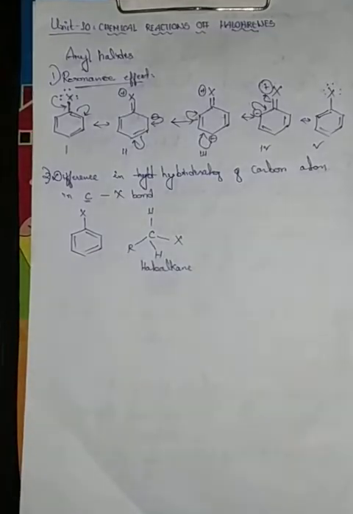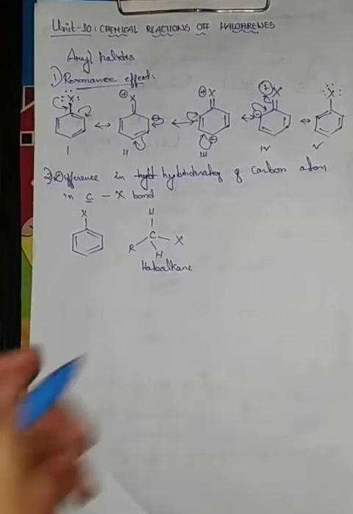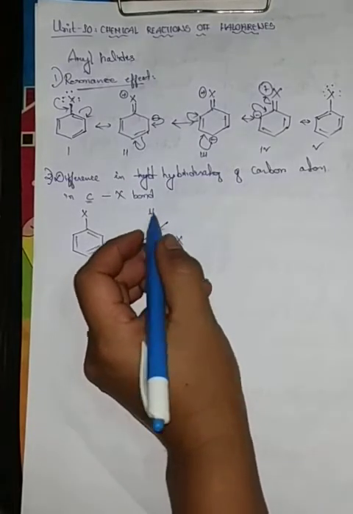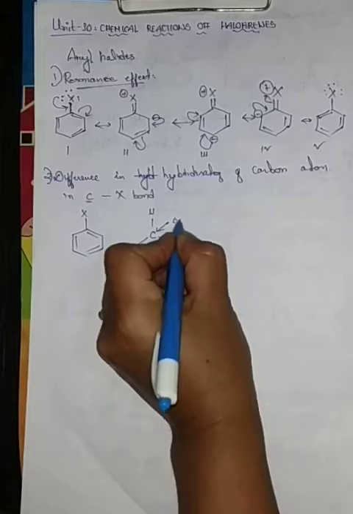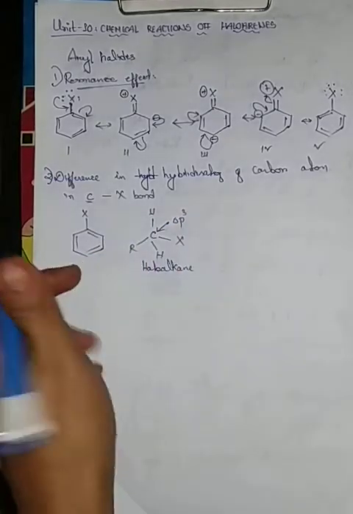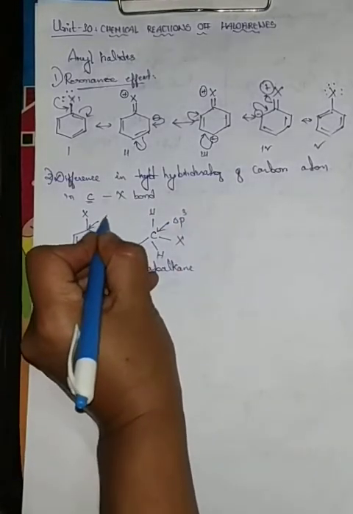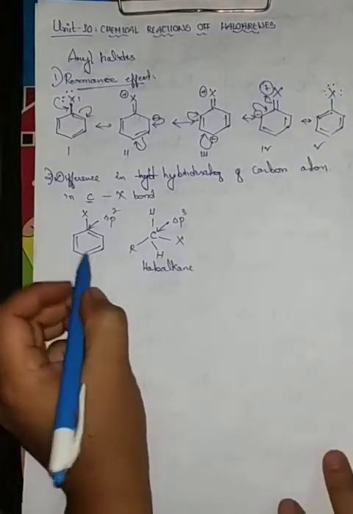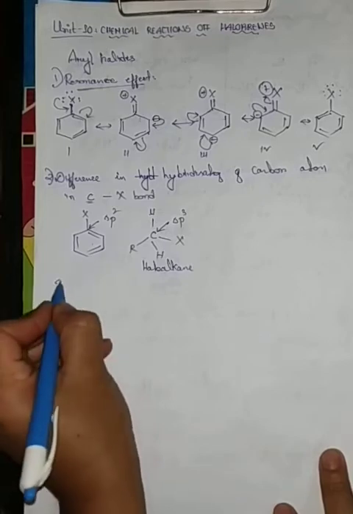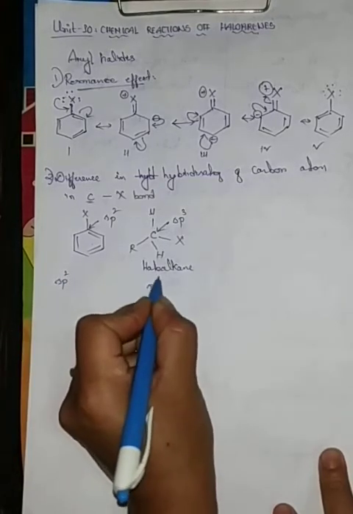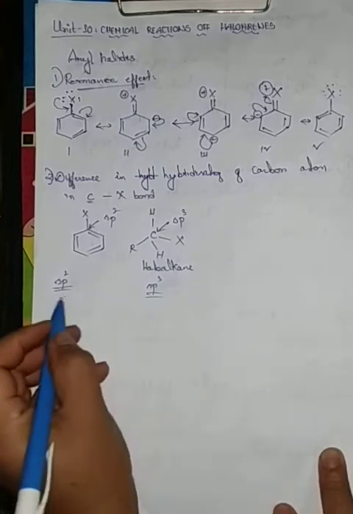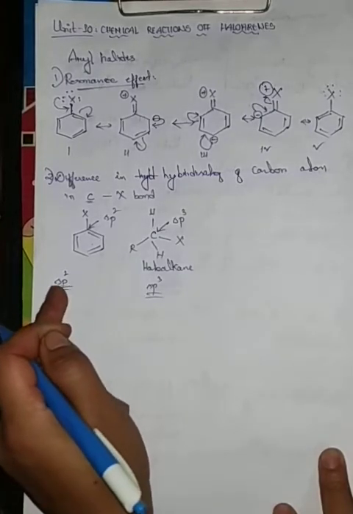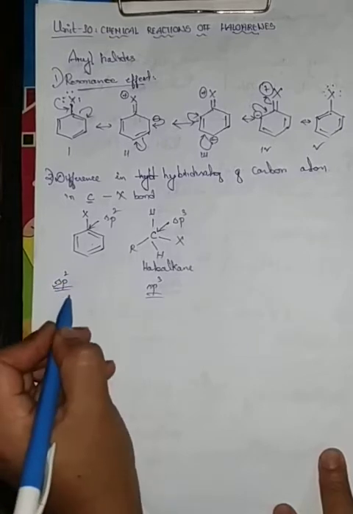In haloalkane, the carbon atom attached to the halogen atom is sp3 hybridized, while in the case of haloarene, this carbon atom is sp2 hybridized. Now the sp2 hybridized carbon atom has a greater s character.